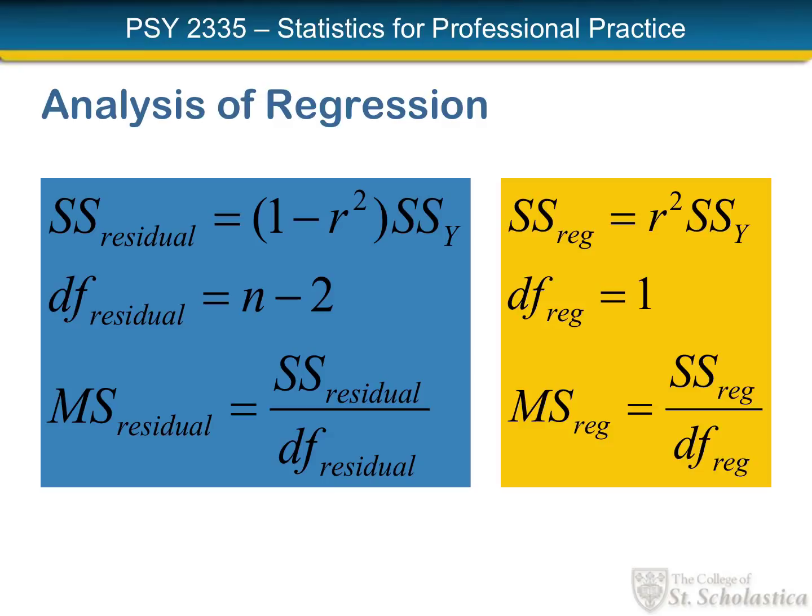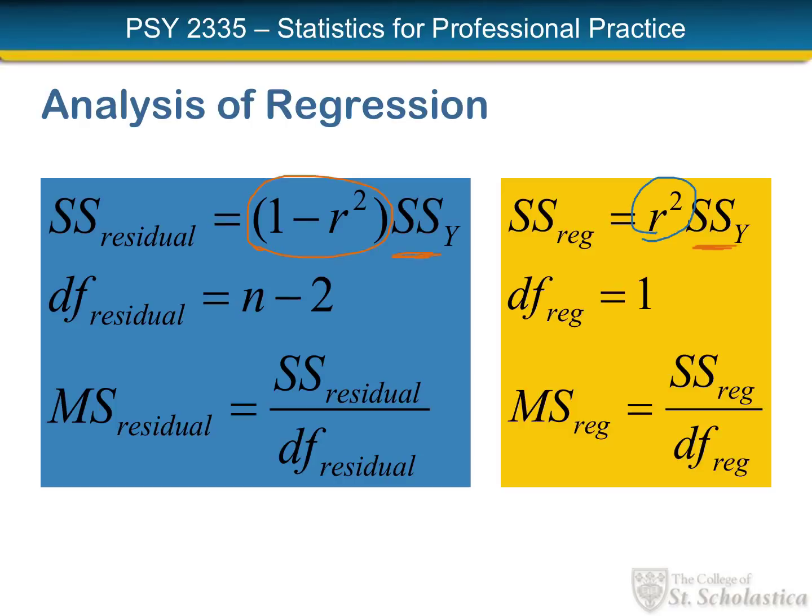You'll notice that we have the coefficient of determination and the coefficient of alienation, each being multiplied by the total variability, the sum of squares total.